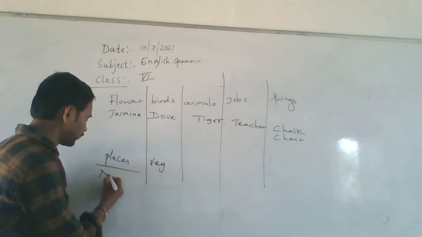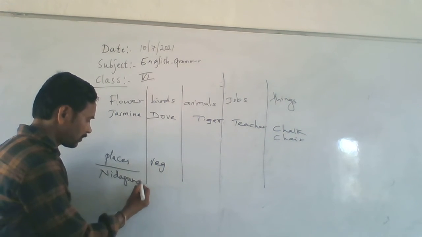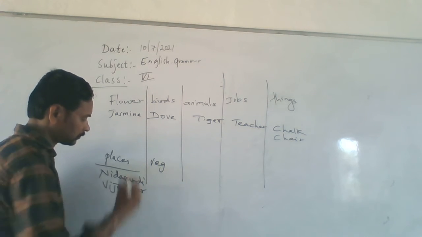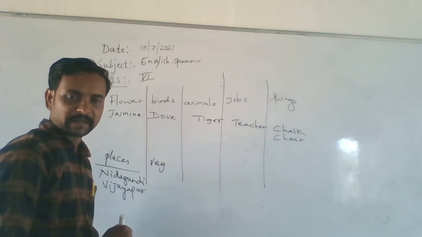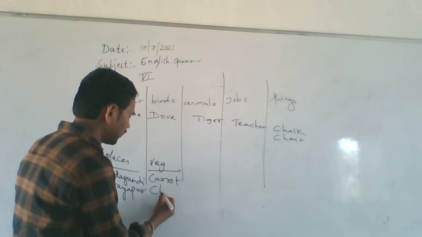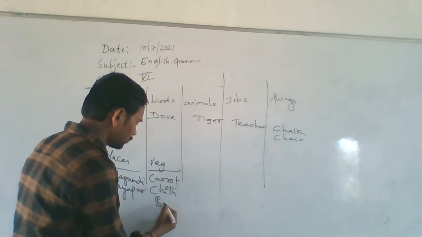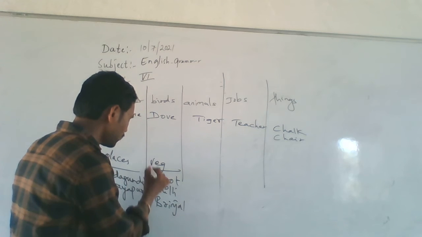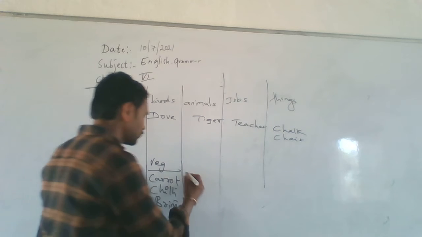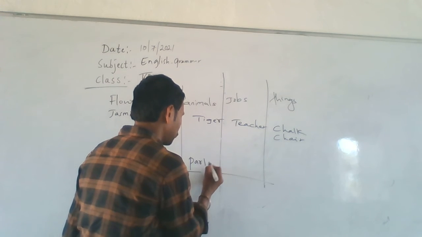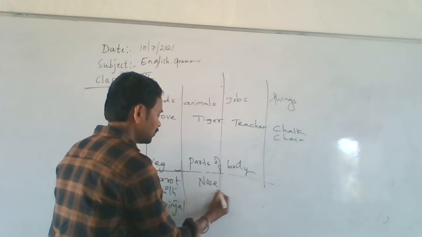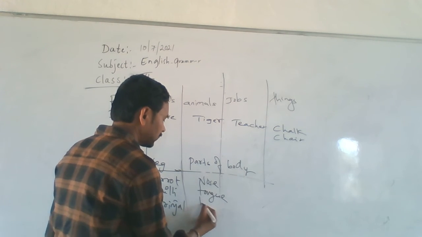Places. For example, Nidumundi, Bijapur or Vijayapura. See that. You have to practice places. Then vegetables: carrot, chili, brinjal. You have to practice these names. Even parts of the body: nose, tongue, leg.